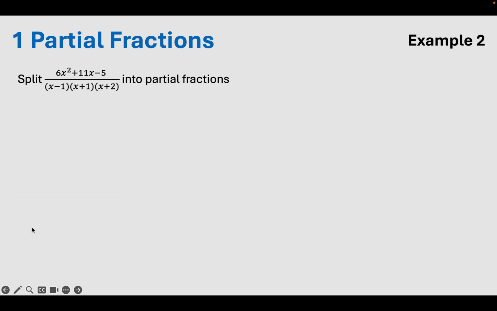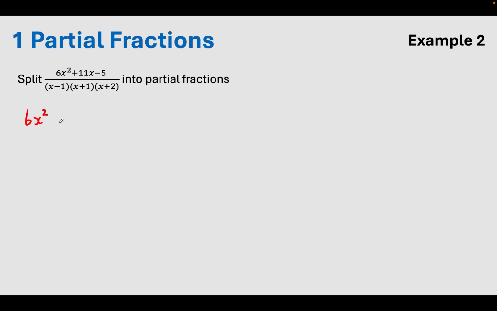So in this one, it looks slightly different. We have 6x squared plus 11x minus 5, and this time we have 3 factors on the bottom. Now, they're all distinct, so we can still follow the same format that we used in the last example. I'm just going to start by rewriting it.